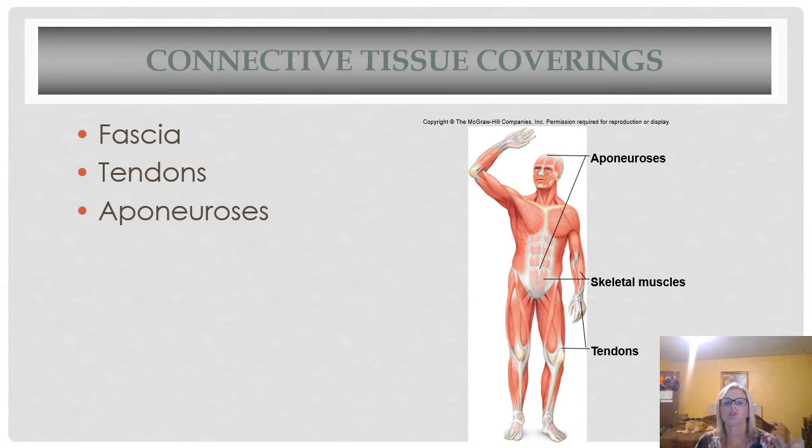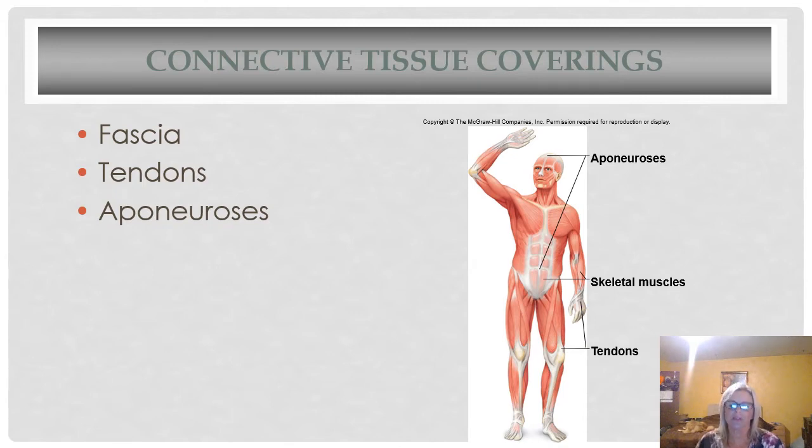We have tendons, which are also connective tissue, and that surrounds each muscle, and it projects past the end of the muscle in a cord-like structure, and they attach muscle to bone. Aponeuroses are broad, flat sheets, and they are also connective tissue, and they attach muscle to bone or other muscles.